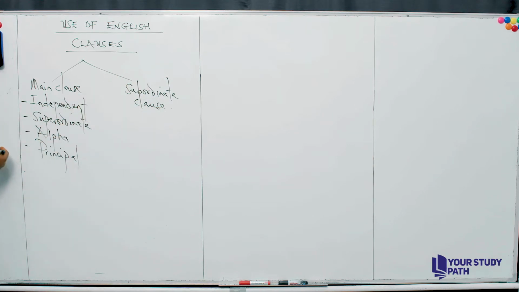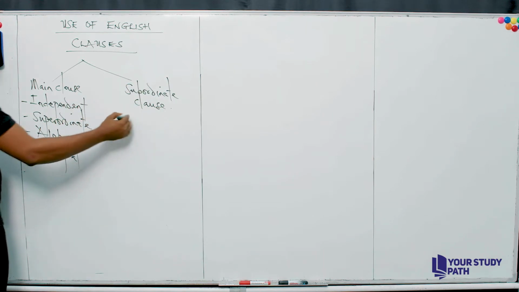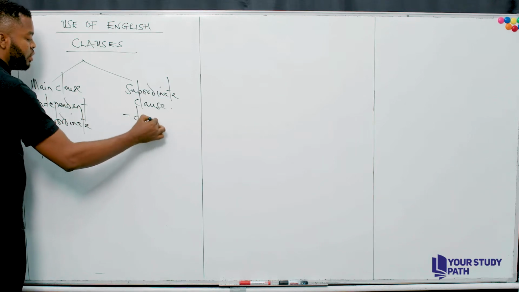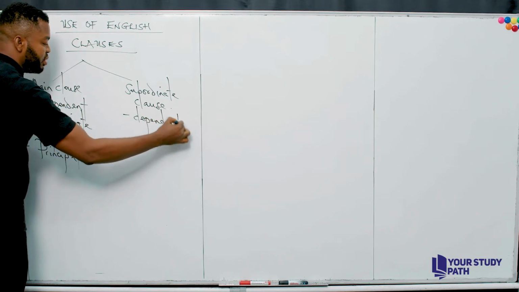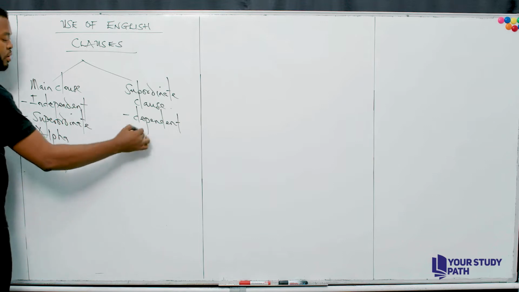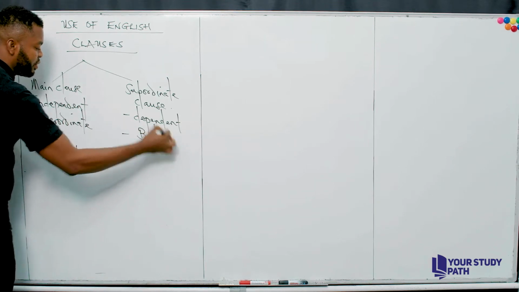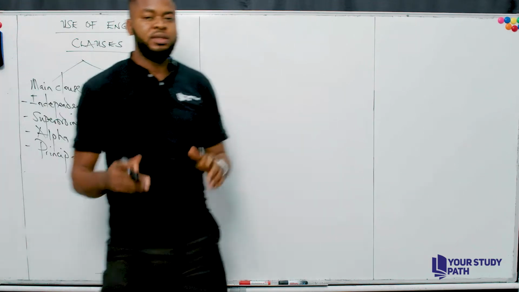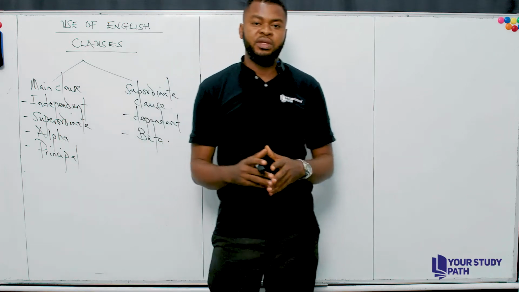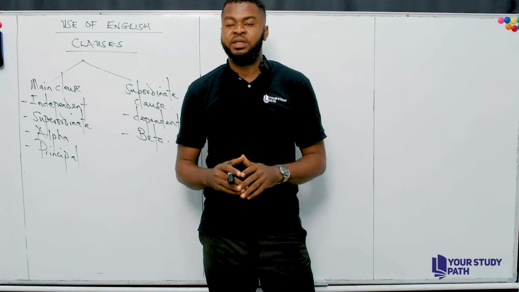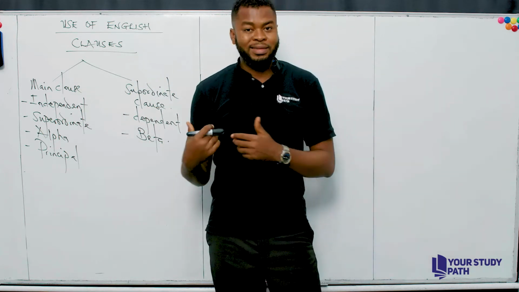Now, for the subordinate clause, you can as well call this the dependent clause, or the beta clause. So these are the two basic types of clauses that are well recognized under this aspect.